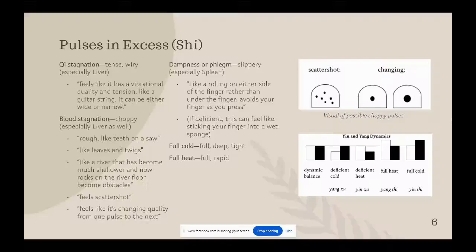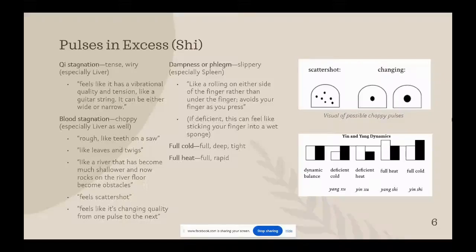For the slippery pulse, if you're not feeling it on the spleen, it's probably a different quality than slippery, because the spleen is the organ that's really most affected by dampness.